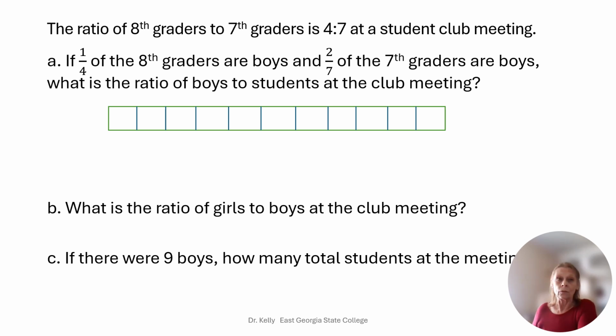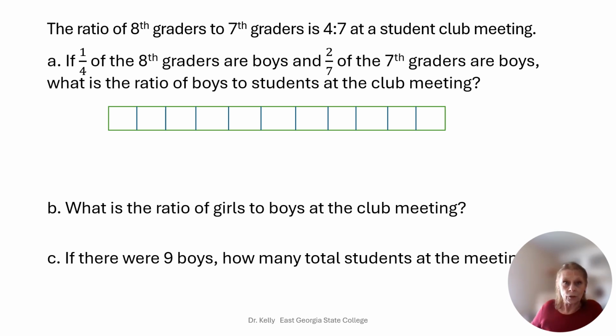Now, we need to first model our first ratio. I want you to notice here that we actually have 3 ratios. We have the original ratio, which is that the ratio of the student class mix at the meeting is 4 to 7. So let's take a look at that first.